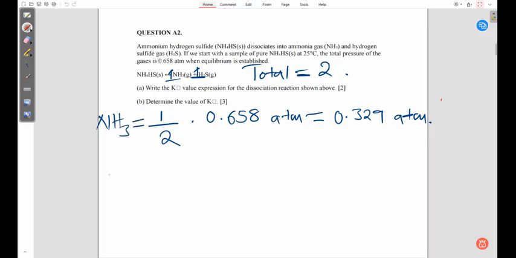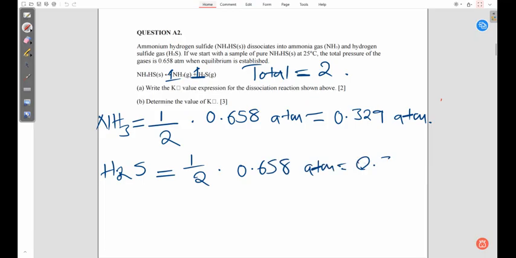And then we can also find the partial pressure of hydrogen sulfide. It's also going to be the same since it's 1 to 1. Since it's half and half in this case, the calculations will just be the same: 0.329 atm as well.